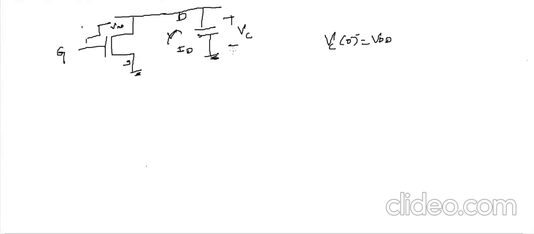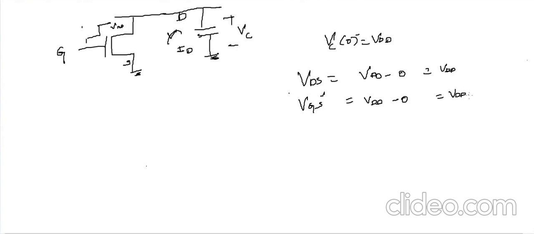So what happens is, initially the drain voltage VD, that is VDS, is VDD minus 0, that is VDD, and VGS is VDD minus 0, that is also VDD.